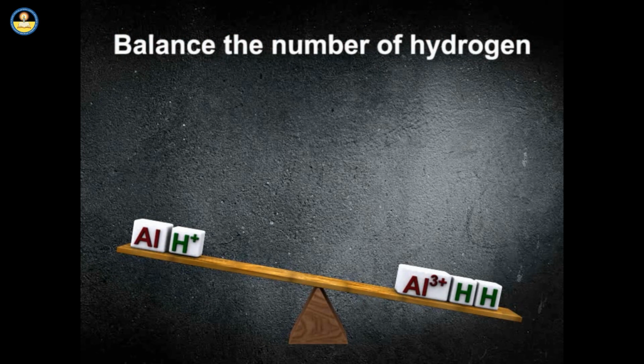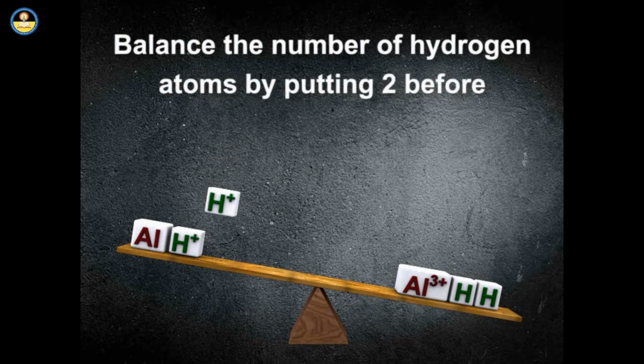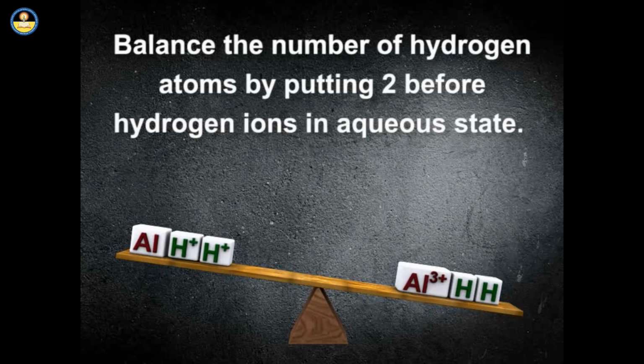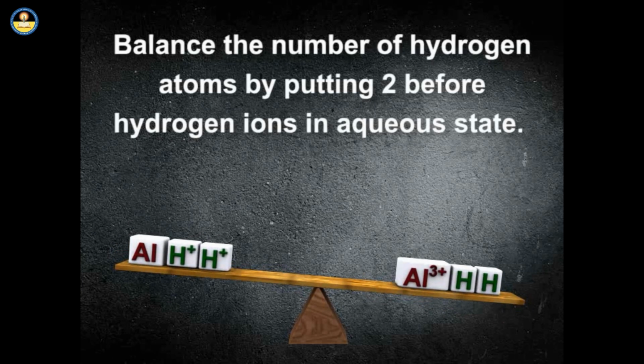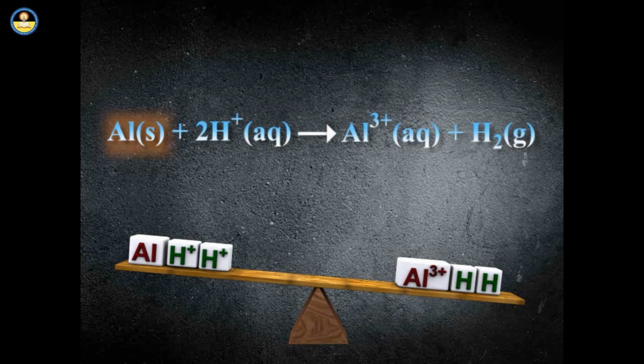Balance the number of hydrogen atoms by putting 2 before hydrogen ions in aqueous state. The new equation becomes Al(s) reacts with 2H⁺(aq) to give Al³⁺(aq) and H₂ gas.